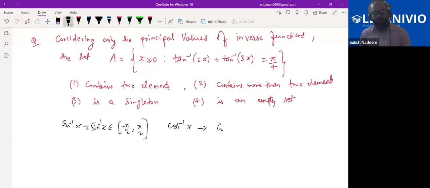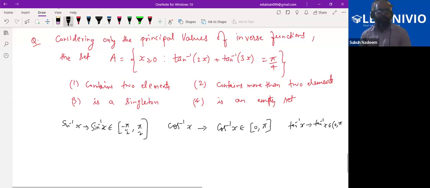Similarly, cos inverse x belongs to 0 to pi. If it is tan inverse x, it is minus pi by 2 to pi by 2, open interval.